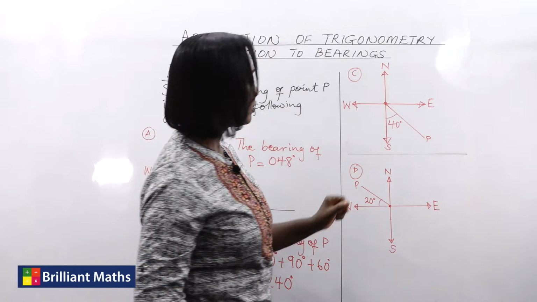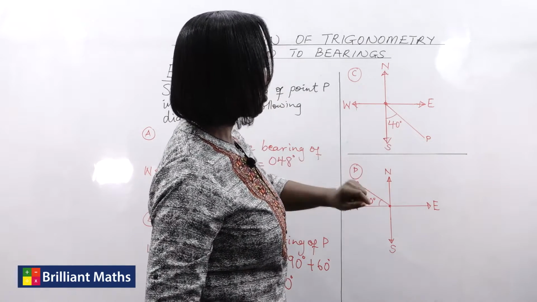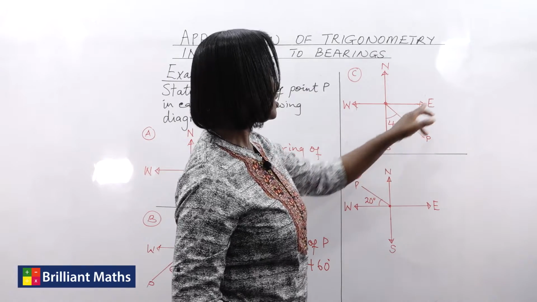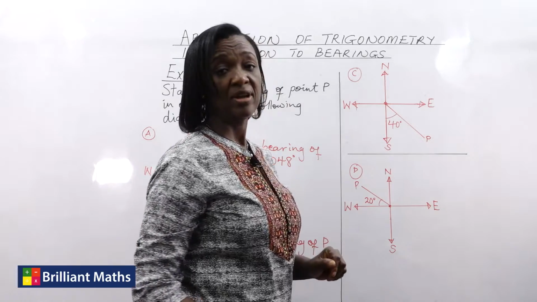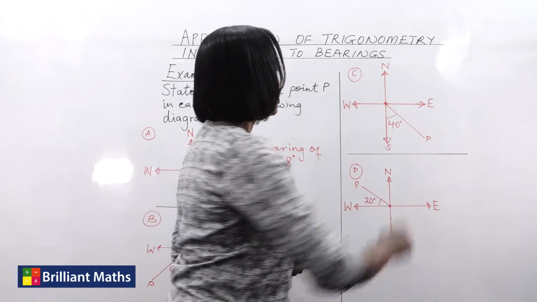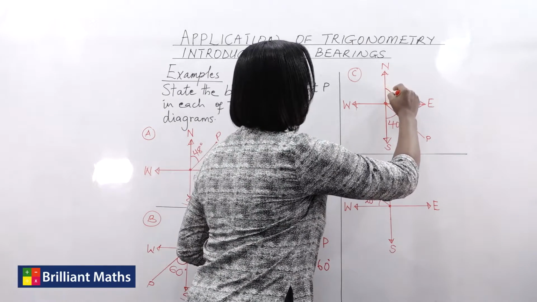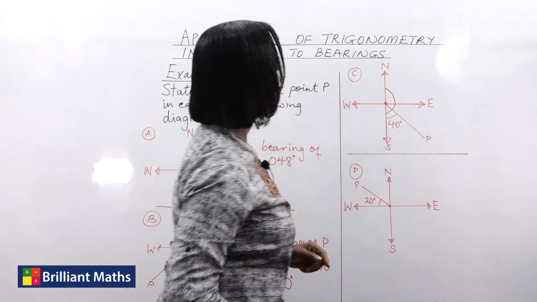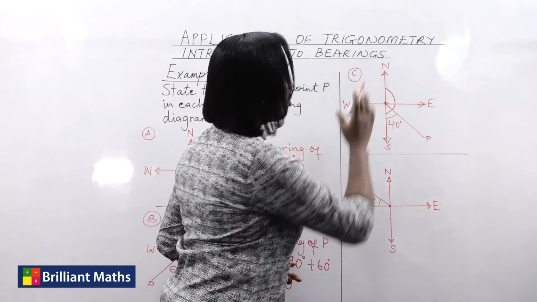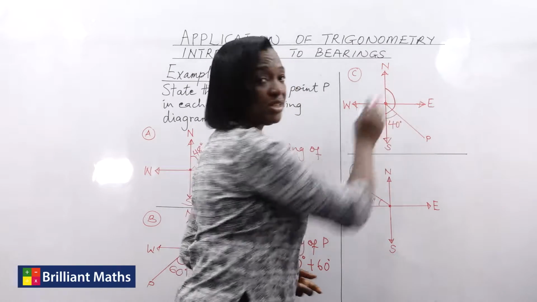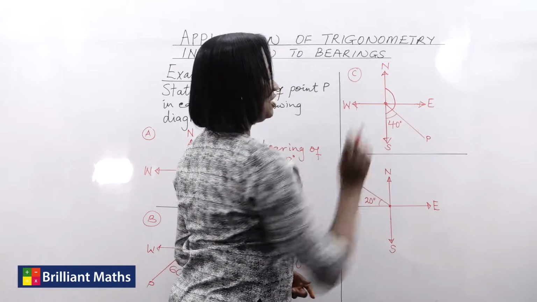For C, we have 40 degrees between the south and the east point. So what will be the bearing? Remember, it is clockwise, so it's the sum of all the angles. That's the first quadrant, so that angle is 90 degrees, and this is another 90.